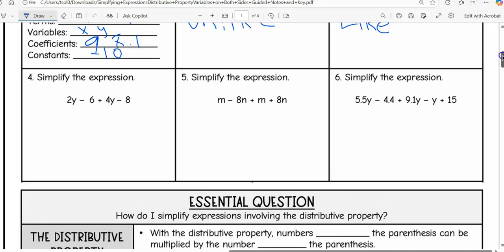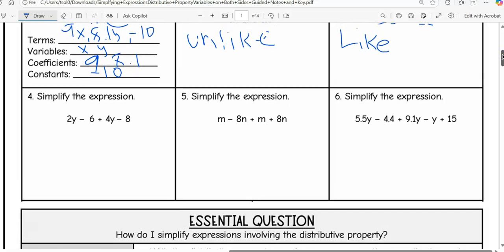Let's do this one. It says simplify the expression. When you simplify it, you keep doing the work until it can no longer be done. You have to start with the variables first. This is 2y, and this is positive 4y. If you don't know, this is an imaginary positive sign.